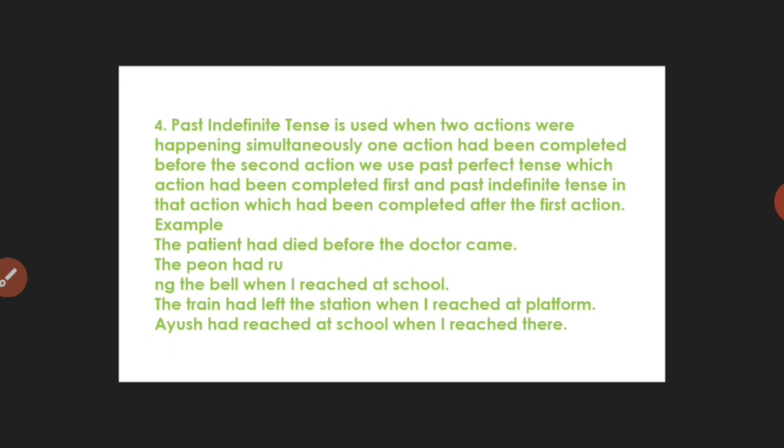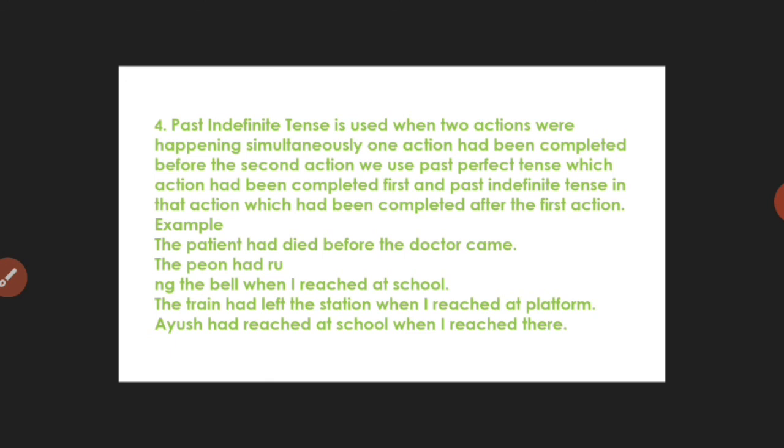Here you can check examples. The patient had died before the doctor came. Which action happened first? The patient died, but the doctor came after the completion of the first action.